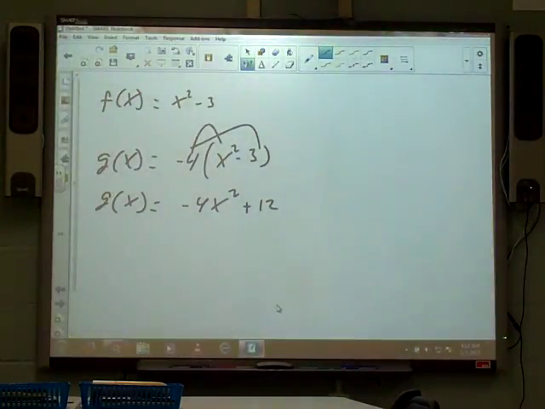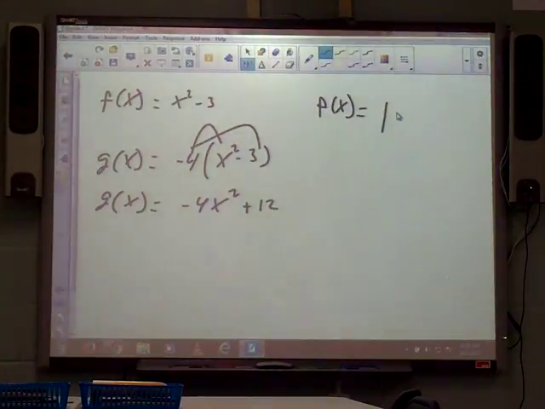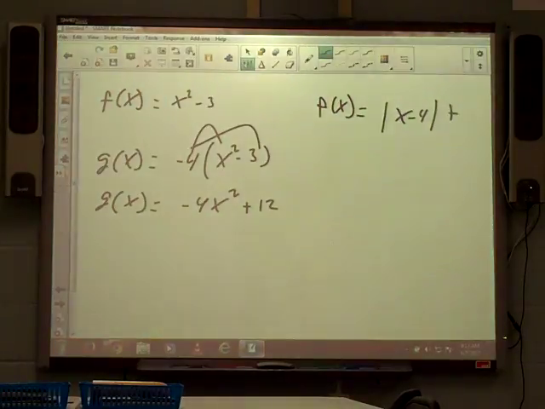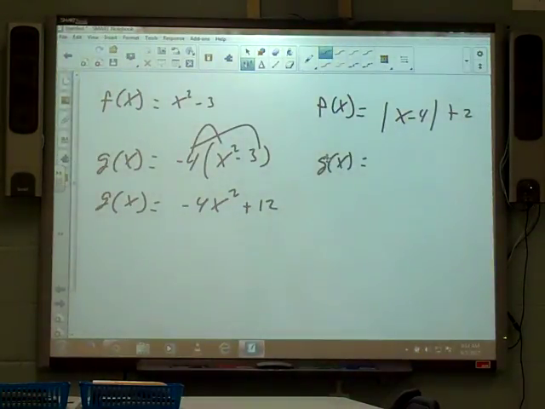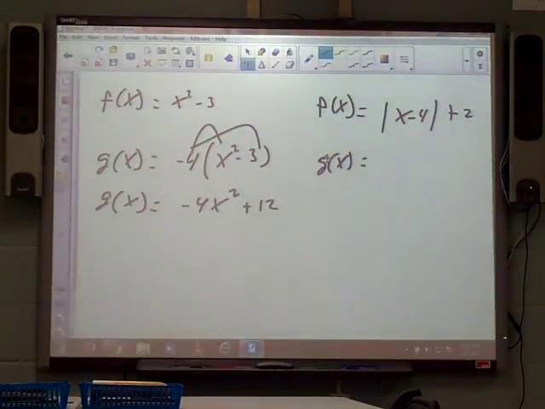Okay. 3's the same type of deal. It gives us f of x is equal to the absolute value of x minus 4 plus 2. Wants us to write a rule for g, so we're going to have g of x equals something. It says we're going to translate it 1 unit down. Up and down is what's stuck on the end. Down means minus, so I'm going to take 1 off of what's stuck on the end.